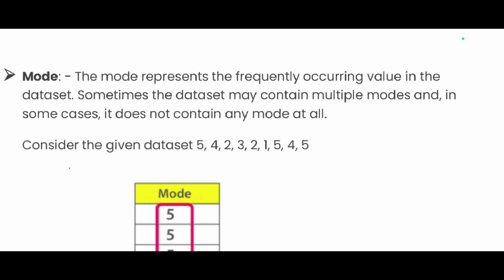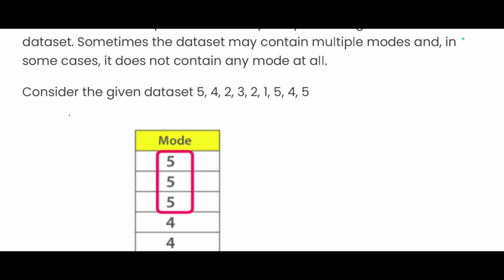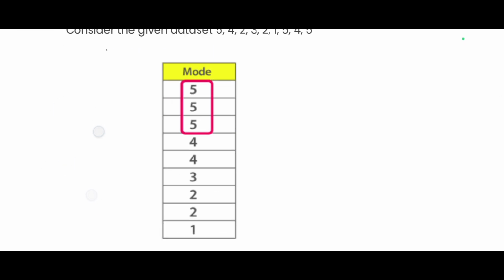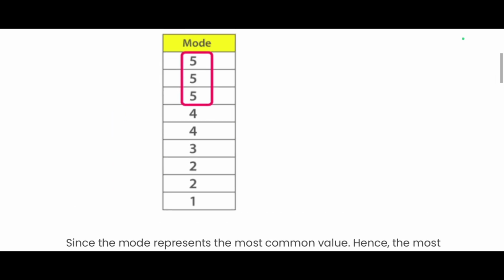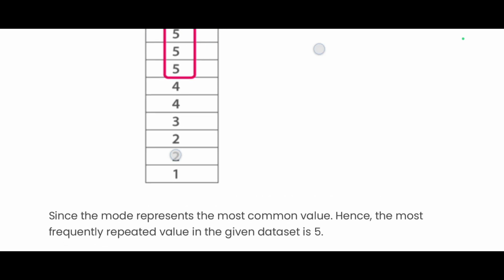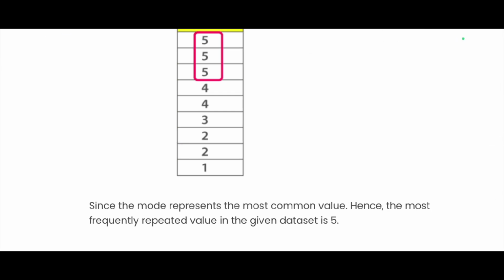Consider the given data set: 5, 4 and so on. Here 5 is the mode because it is the most repeated observation in the given data. Since the mode represents the most common value, the most frequently repeated value in the given data set is 5.